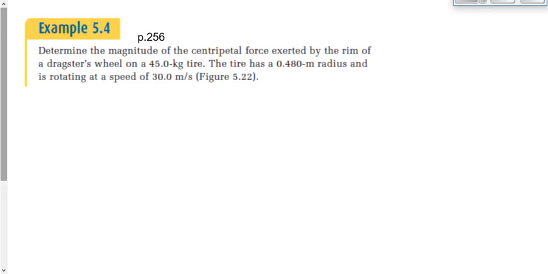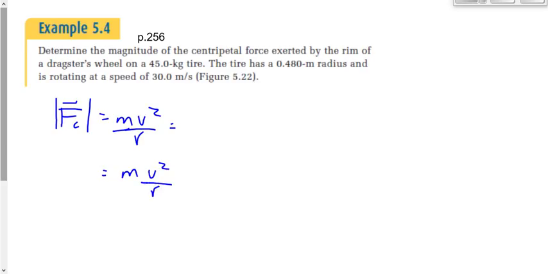Next question here. It says, determine the magnitude of the centripetal force exerted by the rim of a dragster's wheel on a 45-kilogram tire. Here's the radius, here's the speed. This is pretty straightforward. To find the centripetal force, we're going to say F is equal to mv squared over r. Sometimes I write centripetal force like this, and sometimes I write it like this.